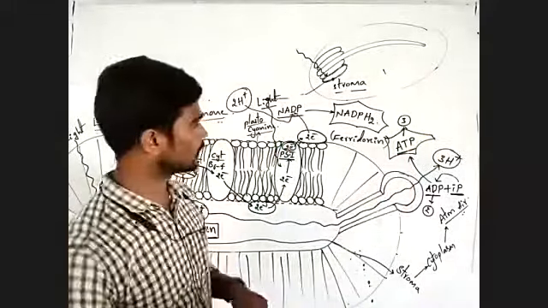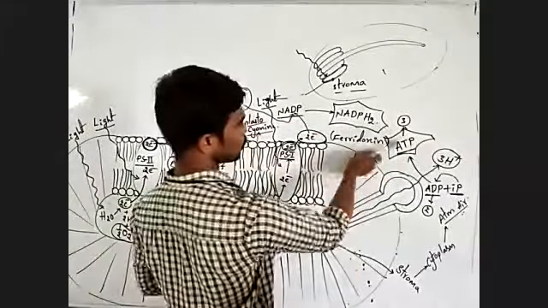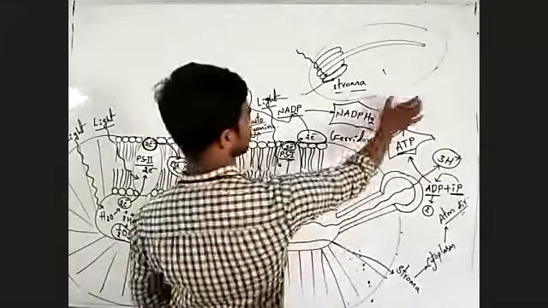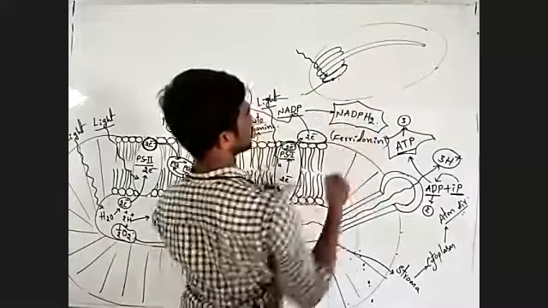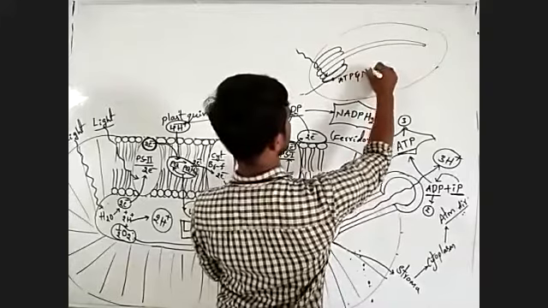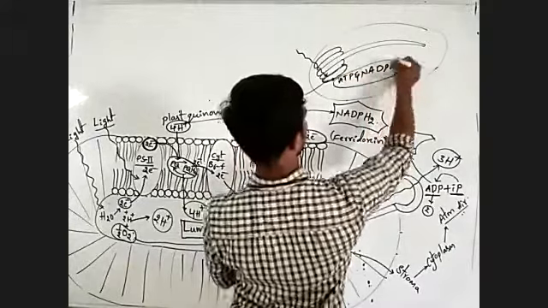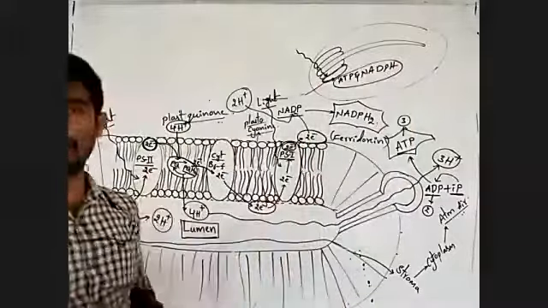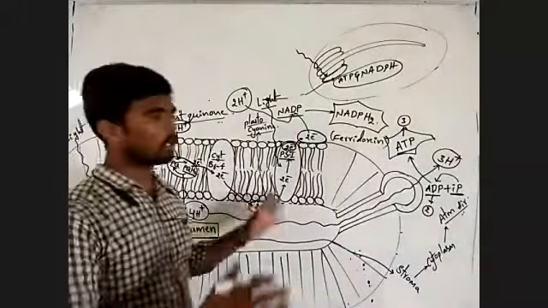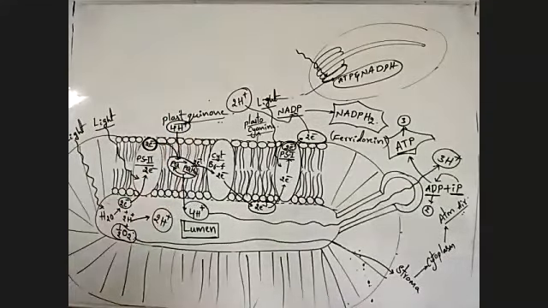Okay, observe, NADPH and ATP, these two have formed in stroma. Now what will happen? Observe carefully, this is very important. This is light reaction.